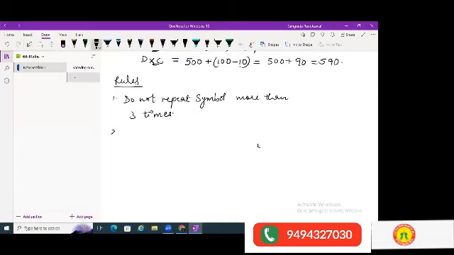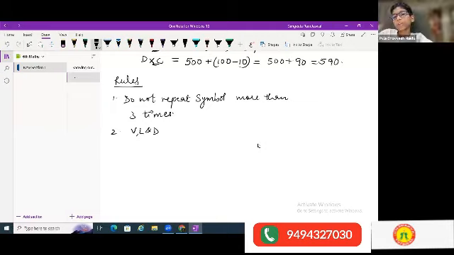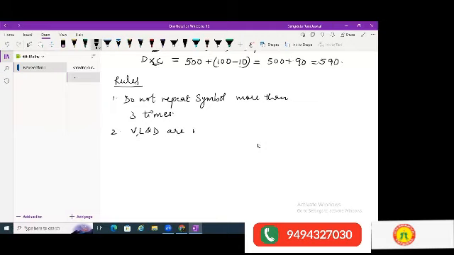Then the second rule is that V, L and D. V was 5, L was 50 and D was, what was D? Ma'am, D was 500. V, L and D are never subtracted. This is another rule.